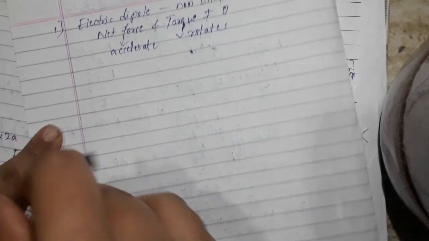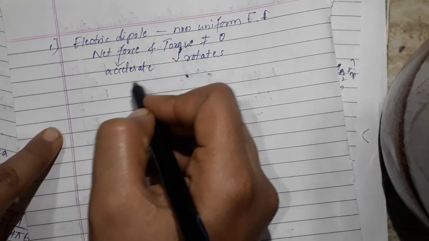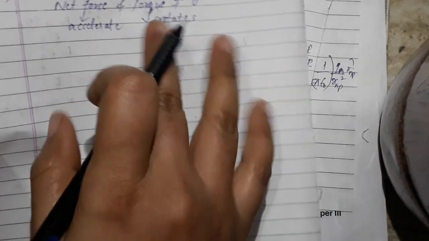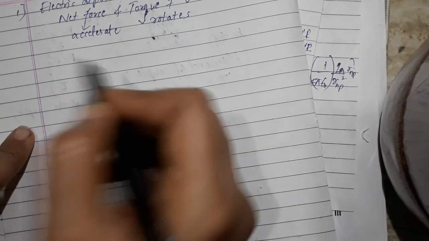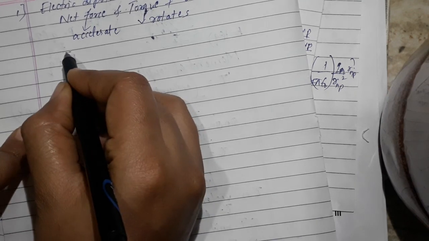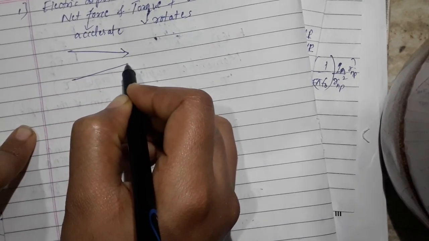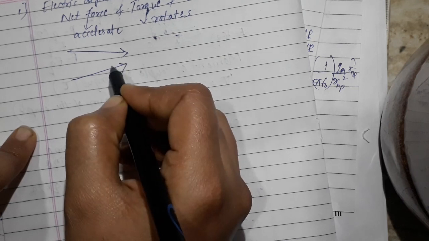Before, we have seen a uniform electric field. Now we will see what happens when a charge is placed in a region of stronger electric field. If the electric field lines are non-uniform, meaning not parallel lines, this is a non-uniform electric field example.